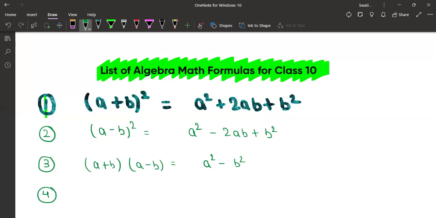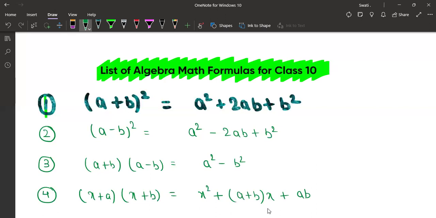Next, the fourth formula. This is a very important formula again, not very common, but yes, you can use this formula if you come across such a form. So x plus a into x plus b, right? In this one, you have to simply use the formula x square plus a plus b times x plus a into b.